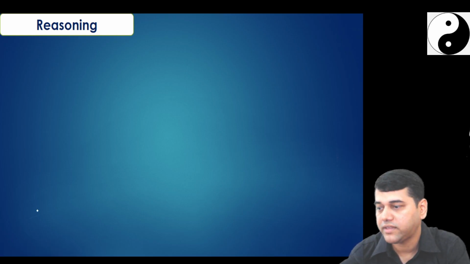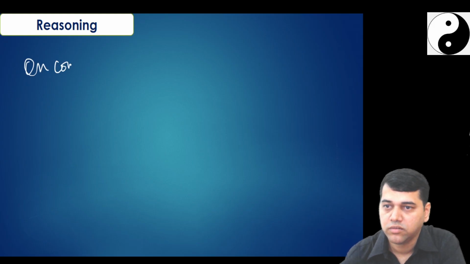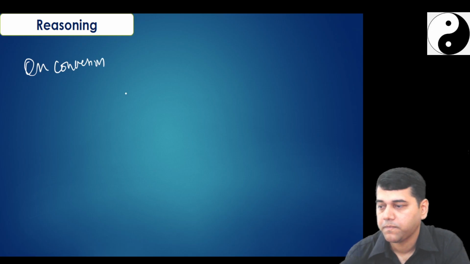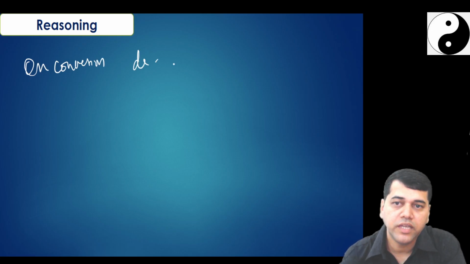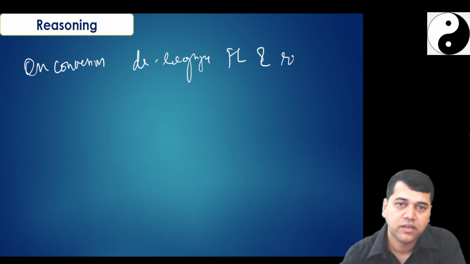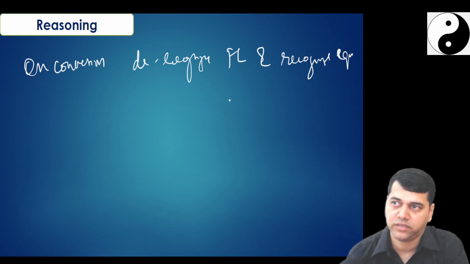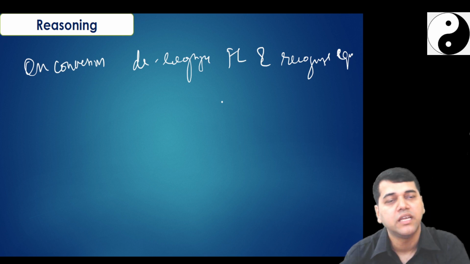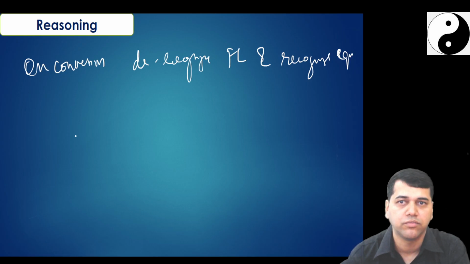Because I don't know, in the exam they may ask you. On conversion, de-recognize financial liability and recognize equity. Did you do that? Yes, you debited equity, financial liability, credited equity capital and equity share premium. Both are equity only, no?